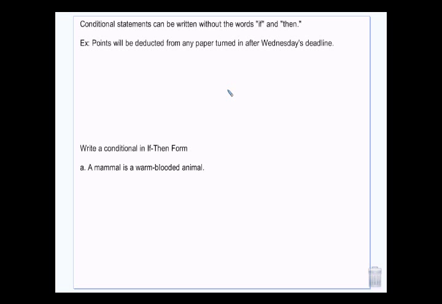So: points will be deducted from any paper turned in after Wednesday's deadline. This is the condition that would have to be met in order for the points to be deducted.